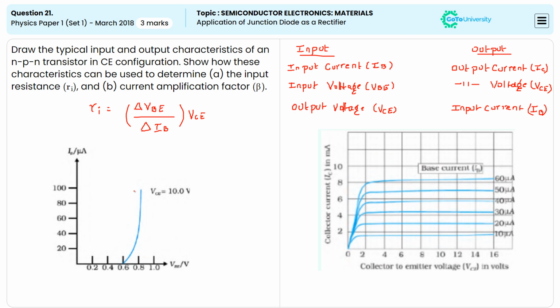And this gives beta, the amplification factor. Beta is equal to delta IC divided by delta IB, at constant VCE.